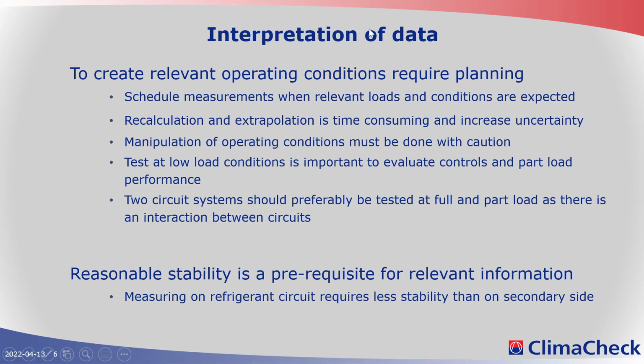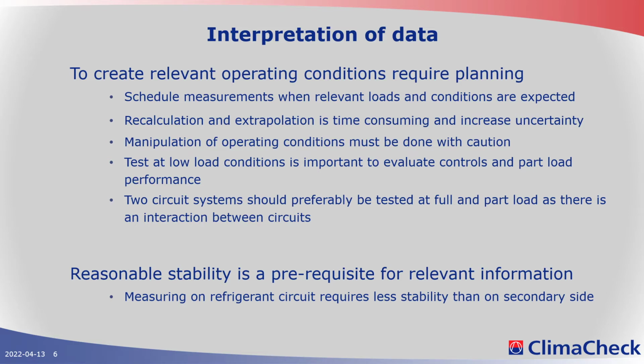And if you have multi-circuit systems, it's best to measure them simultaneously. You can run one at a time and two at a time, and note in the protocol that now I was measuring only circuit A. Then you note that now circuit B started, because that will change the operating conditions for circuit A. And of course it's very interesting to know how they operate together, not only one by one.